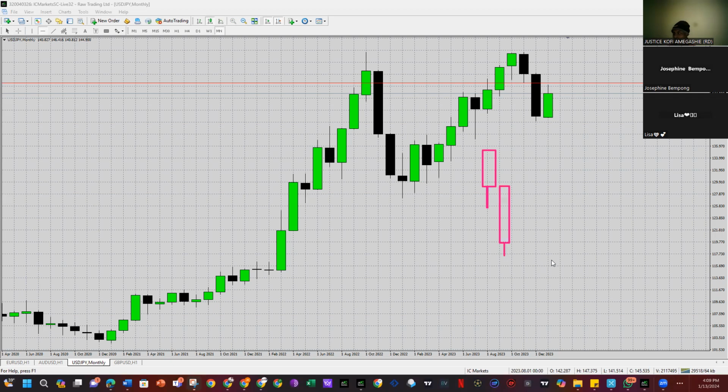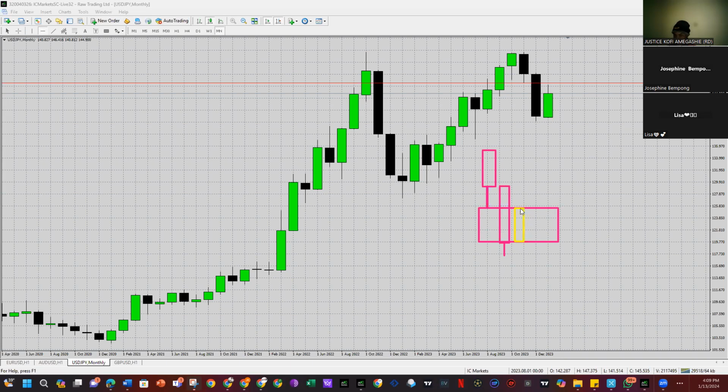So before the trade will continue, it has to fill the gap between here and this place. There is a gap here. So what will happen is that the next candle that will open here will reverse to this place to fill that gap, which is what is happening.